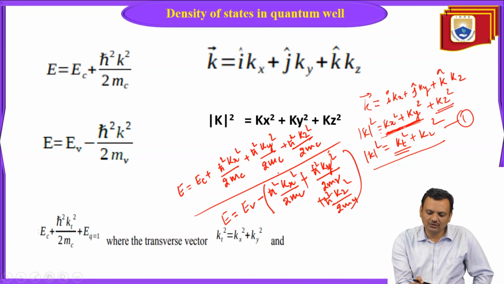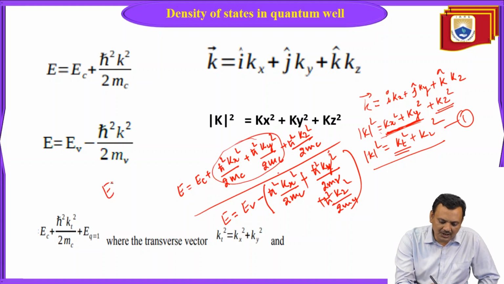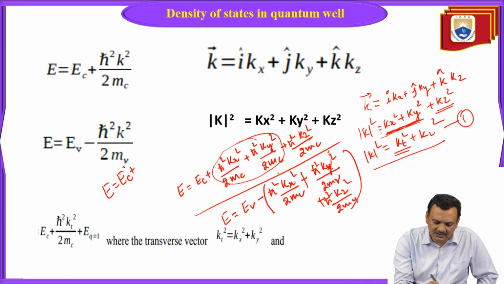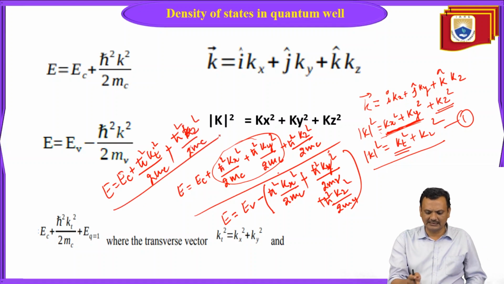Now, Kx and Ky together give Kt square, so you can write these two terms separately. E is equal to EC plus H cross square Kt square upon 2 MC plus H cross square Kz square upon 2 MC for the conduction band region.